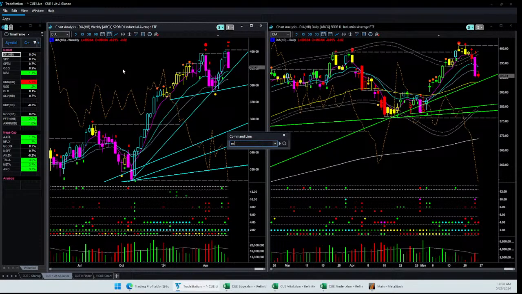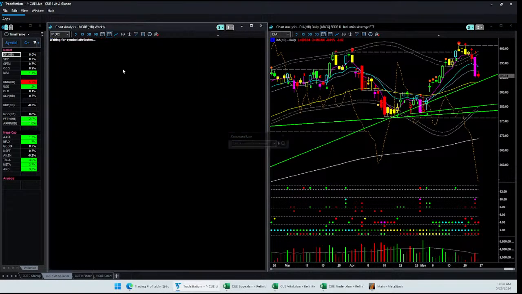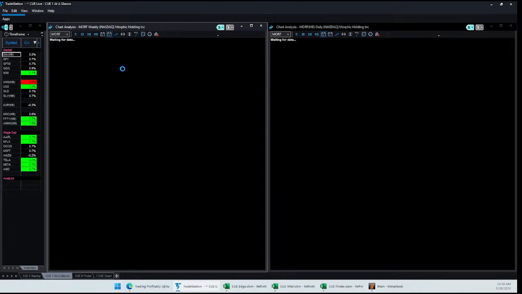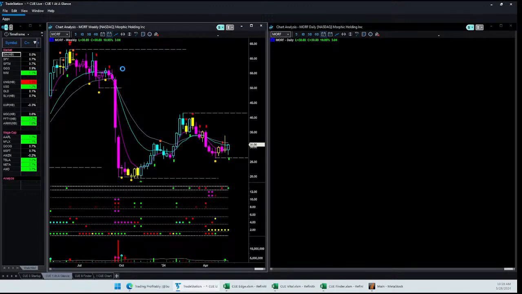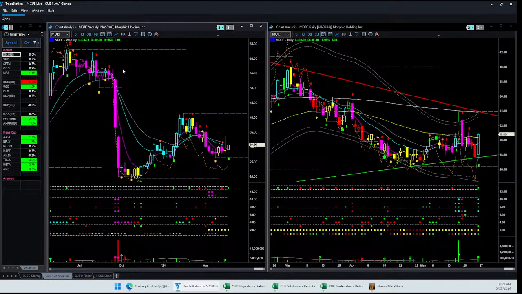Okay, let's use TradeStation. It's always good to have two platforms. So if one is slow, especially during these market triggers, I can fall back on the other.